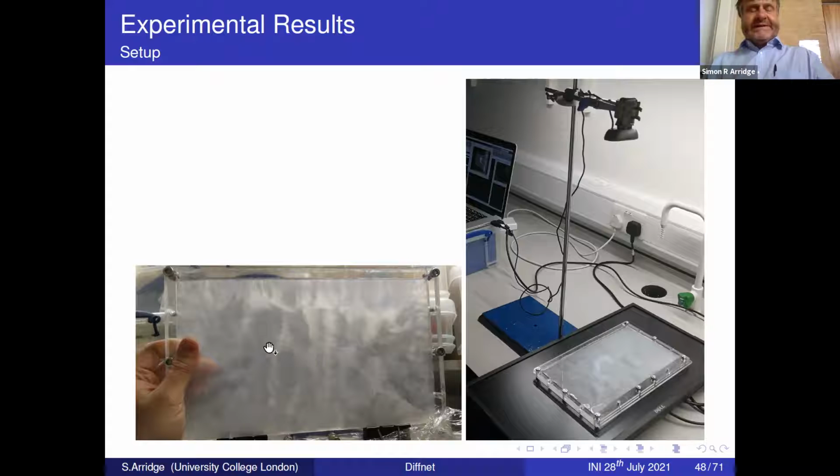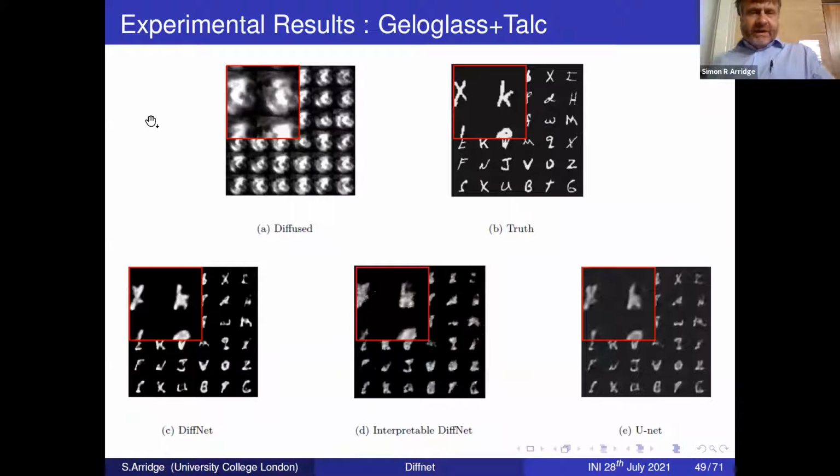The idea was we produced a number of these samples, and the experiment is very simple. It's just put down on top of a tablet, and then we can put images through this and observe them with a camera. So I'll just show you one or two aspects. Here is the experimental training.